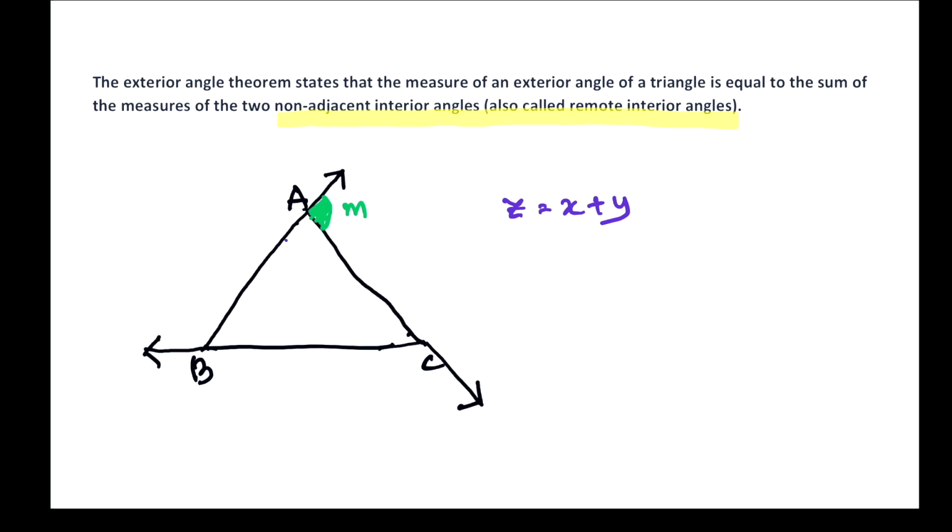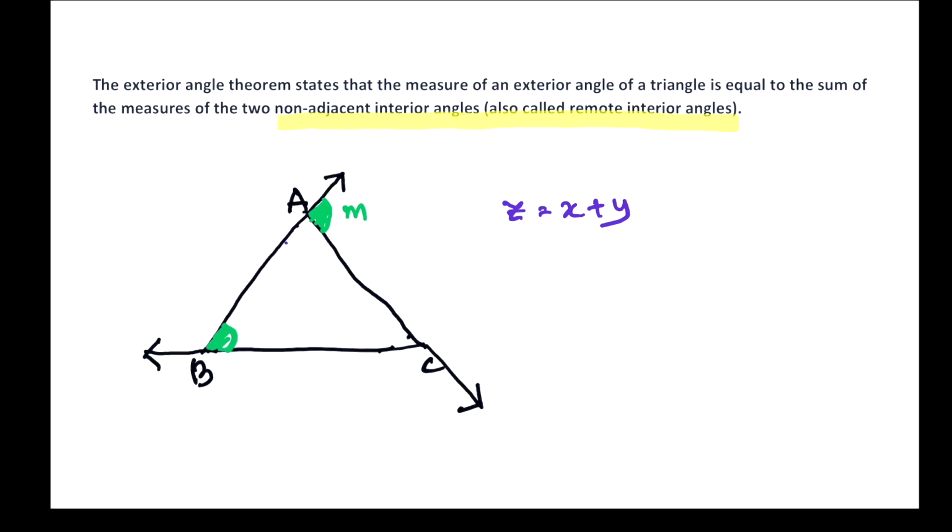This is B and C. I put them as N and O. So according to the exterior angle theorem, M is equal to N plus O. That means this exterior angle is equal to the opposite two non-adjacent interior angles.